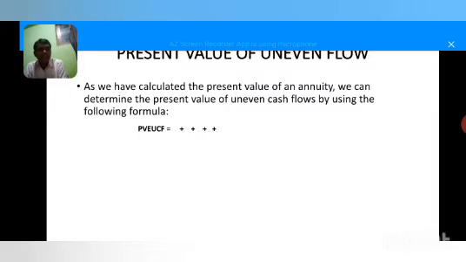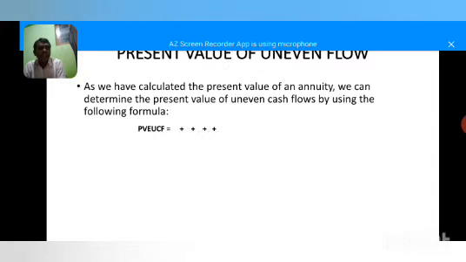Present value of uneven flow. Present value of uneven flow can be calculated in the same manner as the present value of even cash flow. Whatever procedure is followed in the case of even cash flow, the same principles can be adopted.